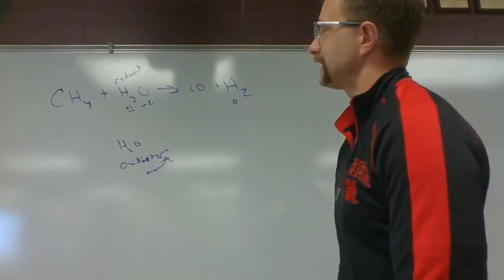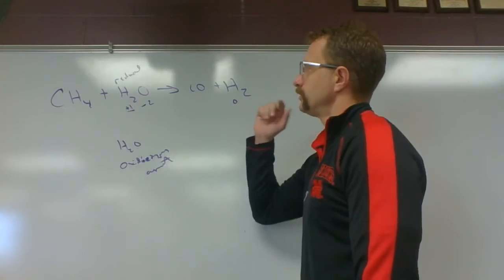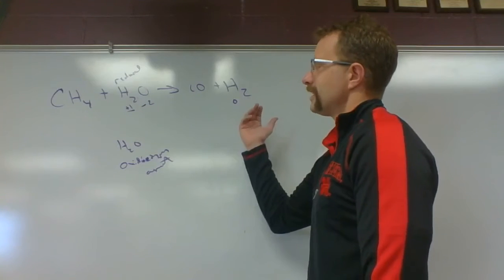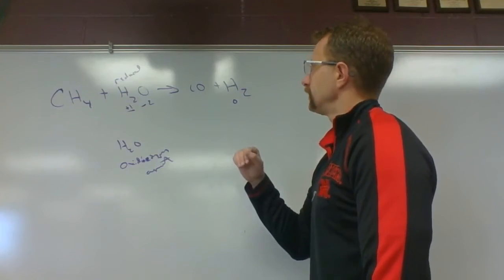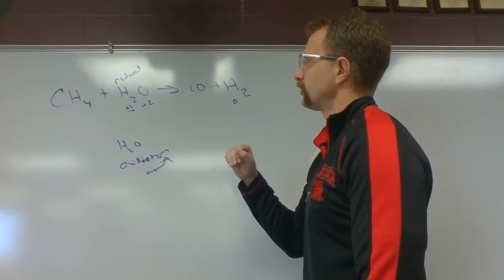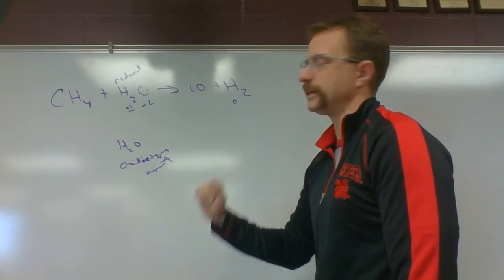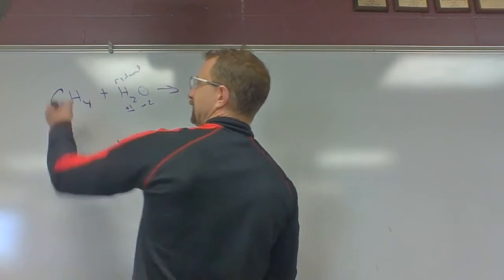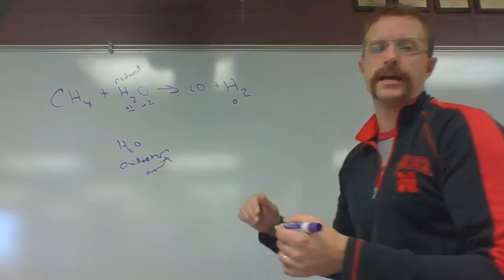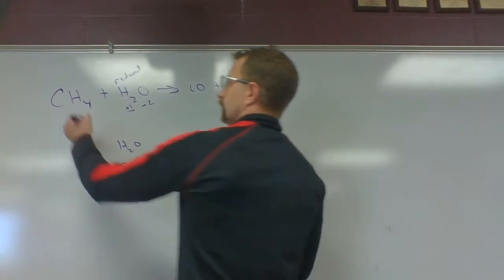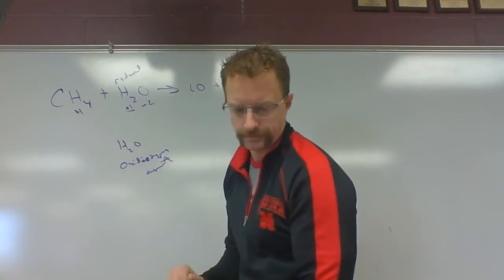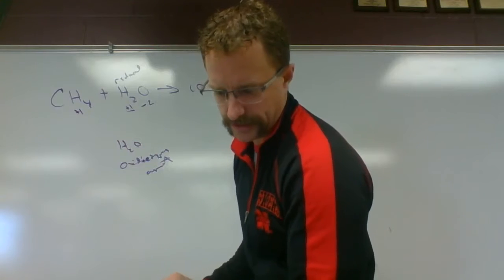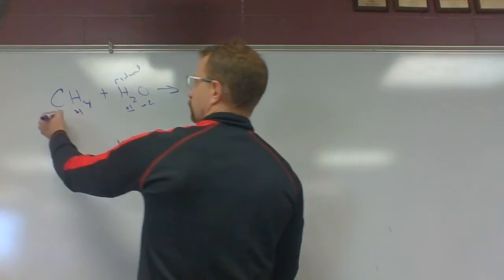When I look at the other things, my guess is that the carbon is probably the other thing getting messed with here. In this case, when hydrogen is with anybody except for metals, it's a +1. So my hydrogen's a +1. My carbon is therefore then a -4.